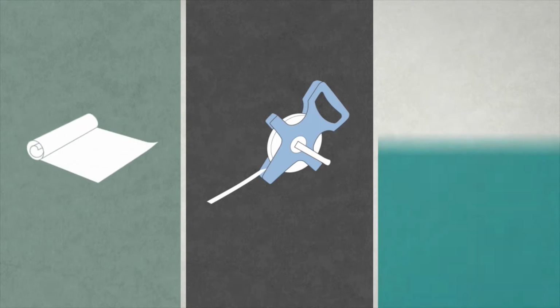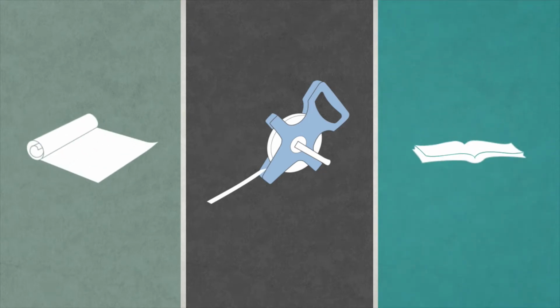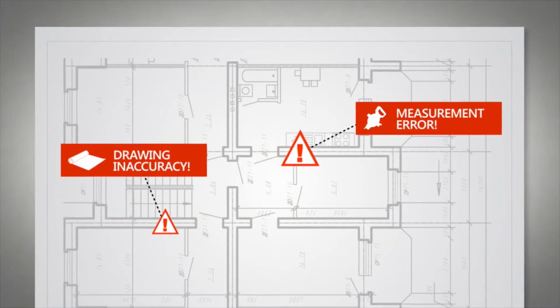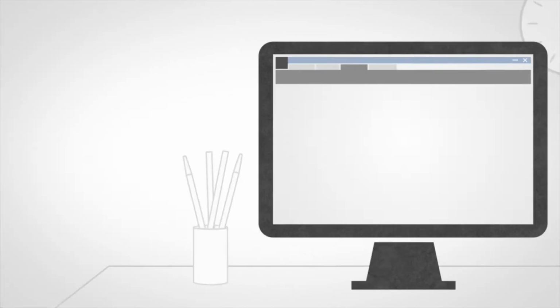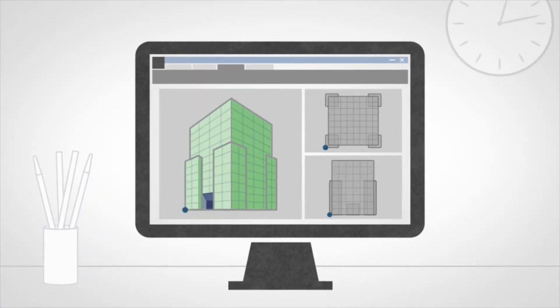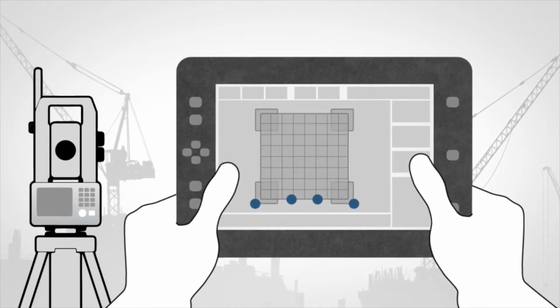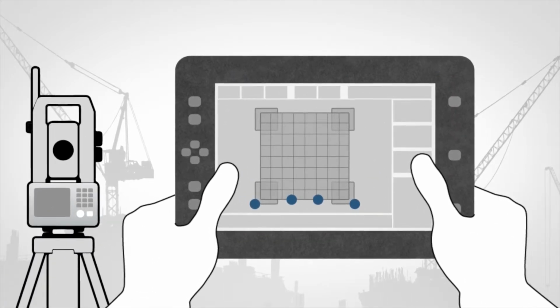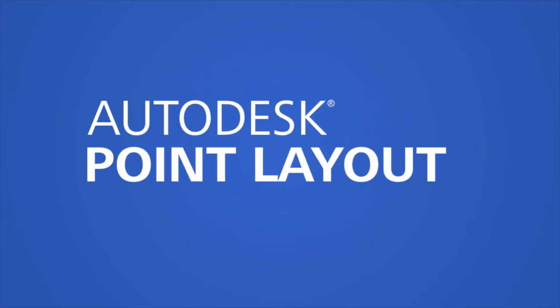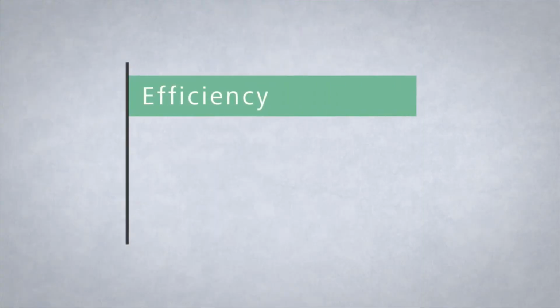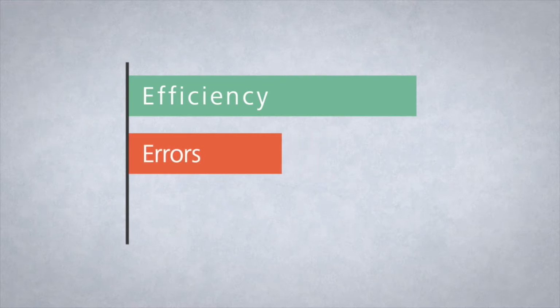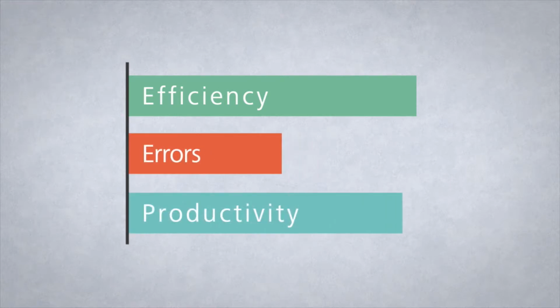Traditional field layout using a tape measure, printed drawings, and field books is a slow, tedious, and error-prone process. Now that many buildings are designed with a building information modeling process, why not leverage this information to make layout easier in the field? Well, now you can with Autodesk Point Layout. This breakthrough method improves office-to-field efficiency, reduces errors, and speeds up your field productivity.